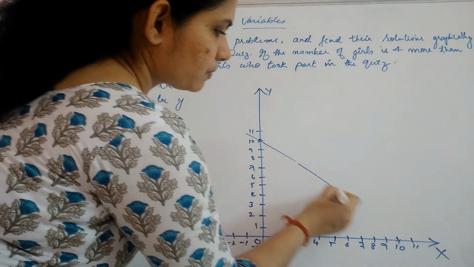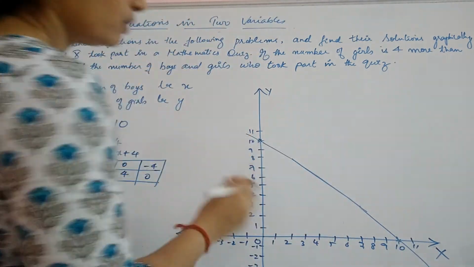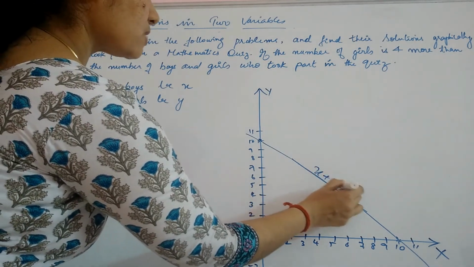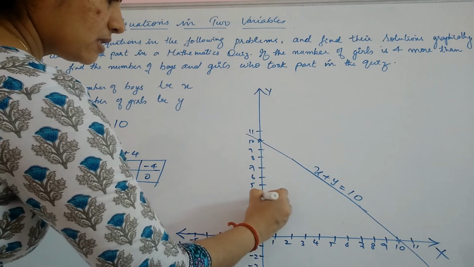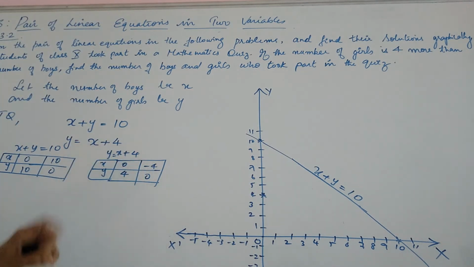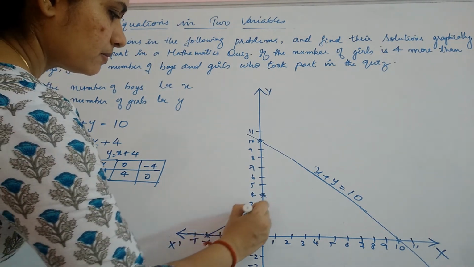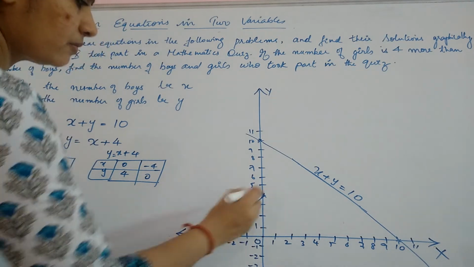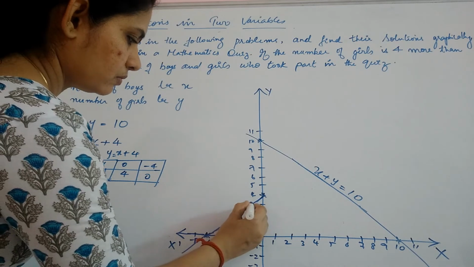Joining these two points, write the name of this line: x plus y equal to 10. And the second one, y equal to x plus 4, gives x equal to 0 and y equal to 4. When x is 0, y is 4, so this is the point. And when y is 0, x is minus 4, so minus 4 comma 0 is this point. Again join these two points.